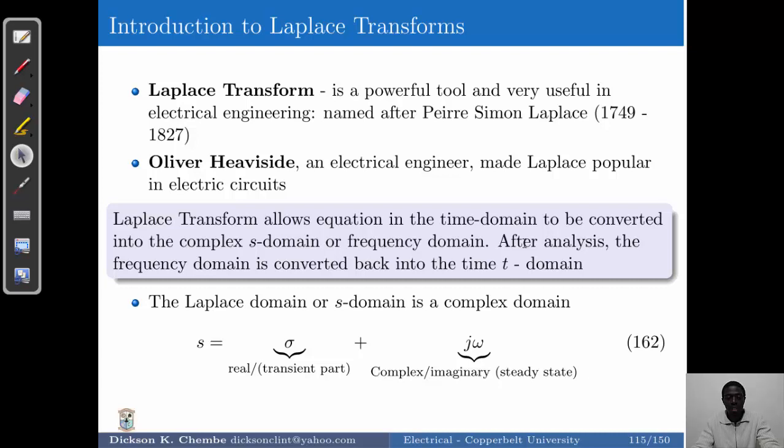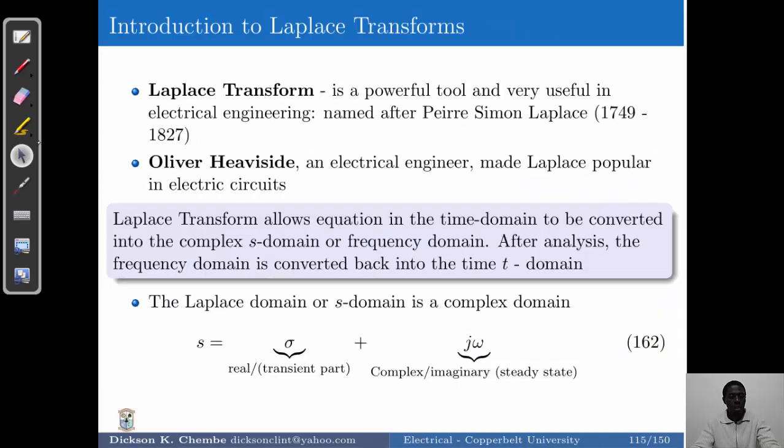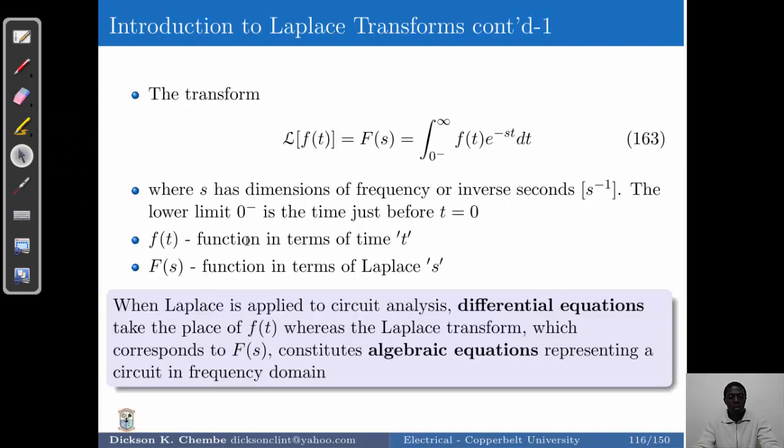The S in this case is a complex variable which is composed of the real or the transient part plus the imaginary part, which is the jω as the steady state. So then this is what happens.